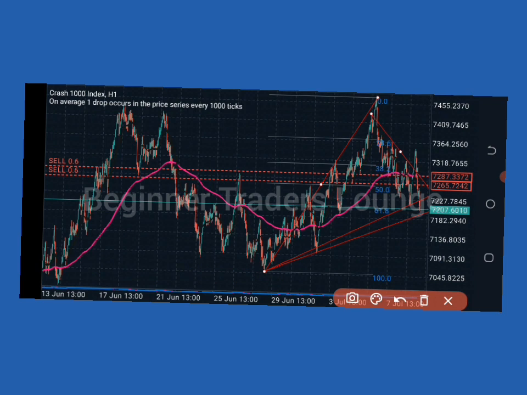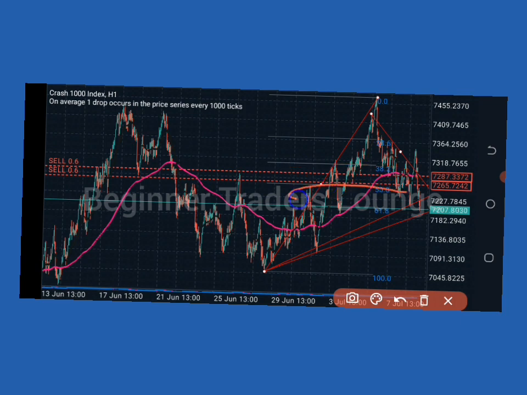And after that, you see clearly that this is the area of 23.6. Here, you can see that we have 23.6 there. Also, we have the area of 38.2 there.